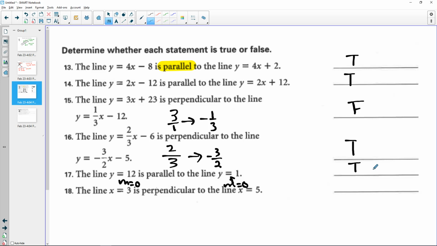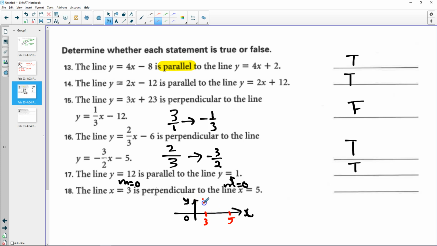The line x is equal to 3 is perpendicular to the line x is equal to 5. This one is even more difficult. I think I showed you how I would do it in class today, and I said I would normally just draw it. x is equal to 3: no matter where you are, x is going to be 3. No matter where you are, x is going to be 5.